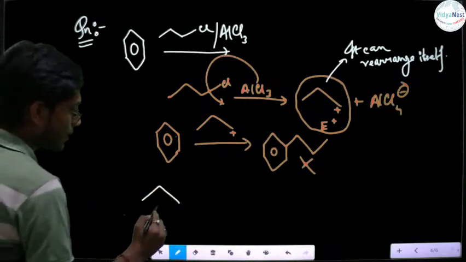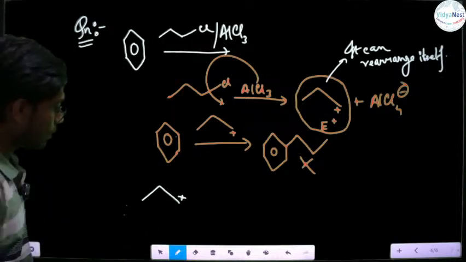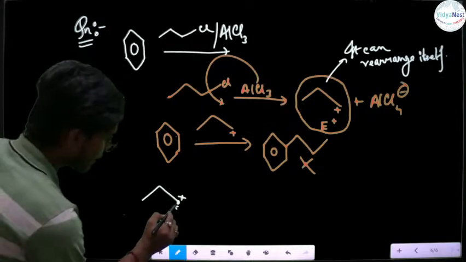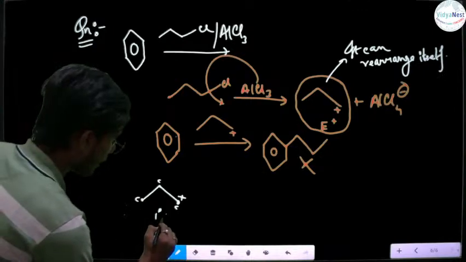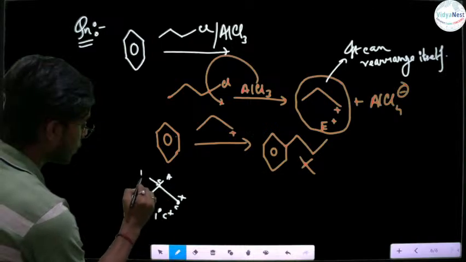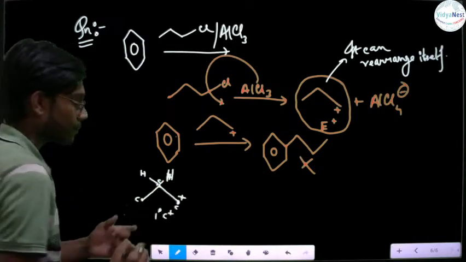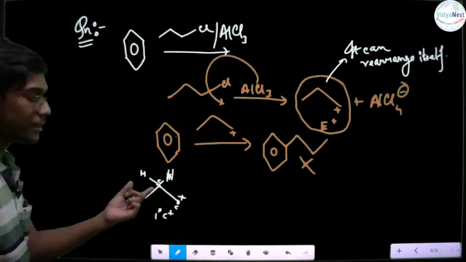We have this carbocation like this. Now, this particular carbocation is a 1 degree carbocation. Why? Because this carbon is connected to only a single carbon over here. However, we have hydrogens over here, 2 hydrogens over here, right? These hydrogen atoms can be removed as hydride ions, and this plus charge can be rearranged to this particular spot.